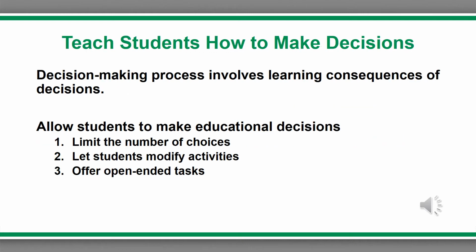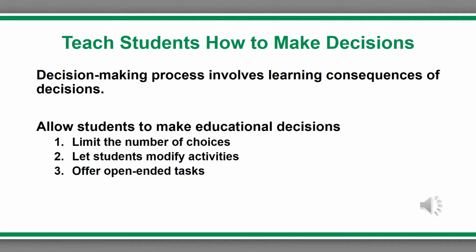In PE, as well as in the classroom, but more so in PE because they're actually doing things and moving, we want to teach them how to make decisions. Decision making is a large part of learning how to behave responsibly. But responsibility is a learned skill that takes practice.